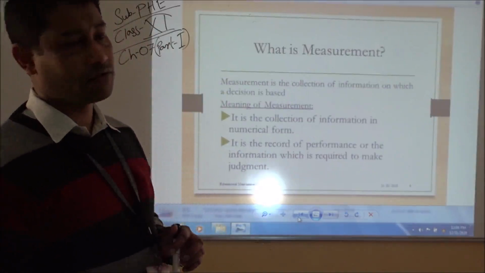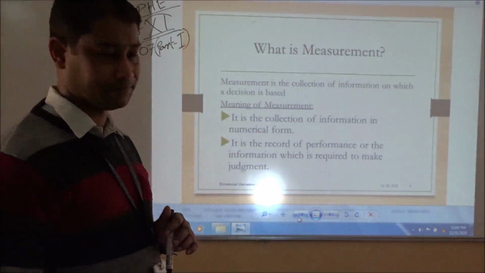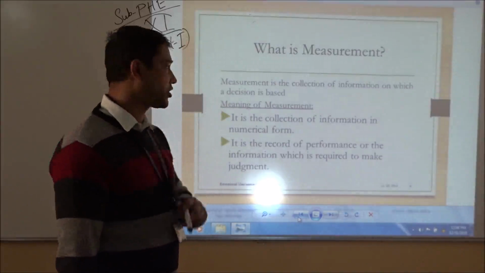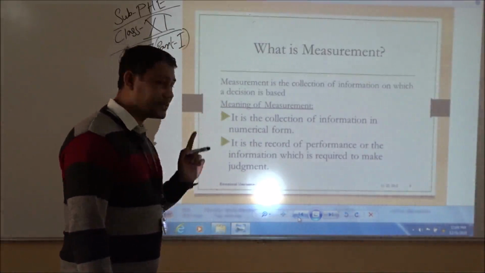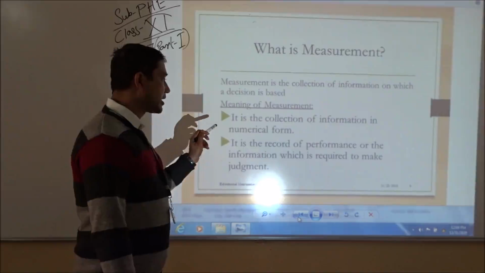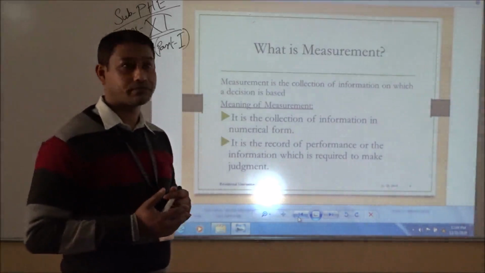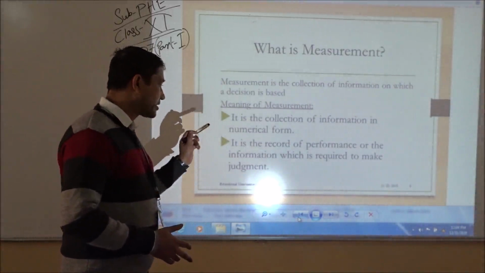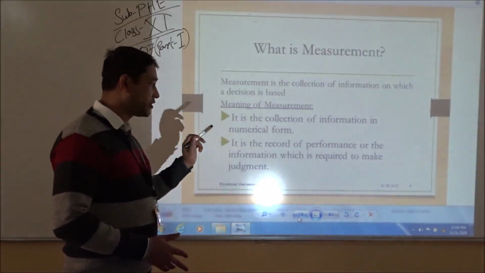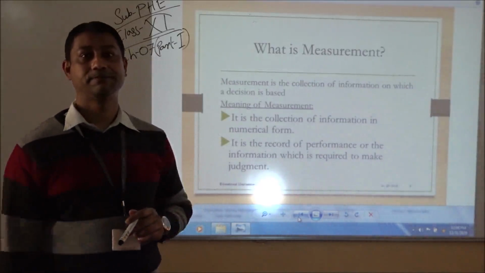So after test, we move on to another term, that is measurement. So measurement is the collection of information on which a decision is based. It is the collection of information in numerical form. It is the record of performance or the information which is required to make judgment.